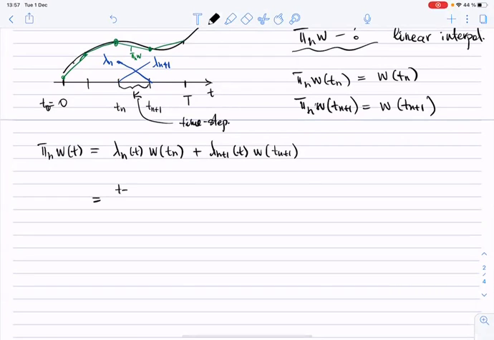It's going to be t minus t_{n+1} divided by minus k, because t_n minus t_{n+1} is going to be minus k. And here we have w(t_n) plus, now here t minus t_n. So we have to take the other point, divided by k. So t_{n+1} minus t_n is going to be the mesh size, the time step in this case, times w(t_{n+1}).